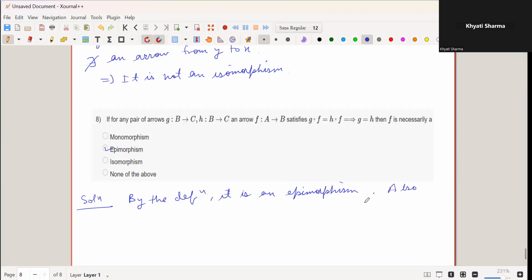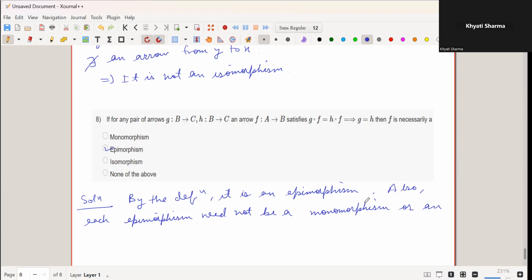Also, each epimorphism need not be a monomorphism or an isomorphism.